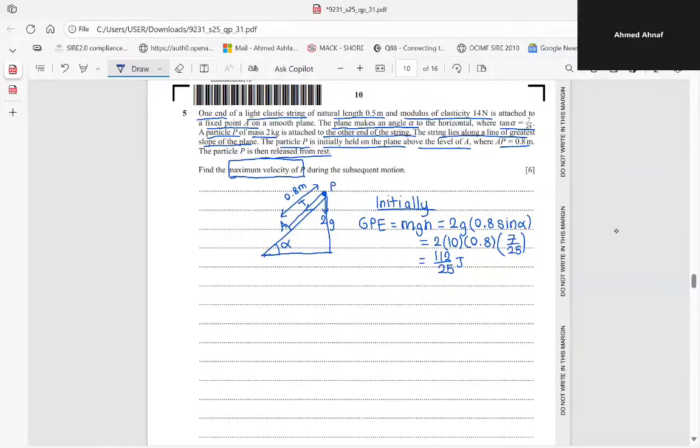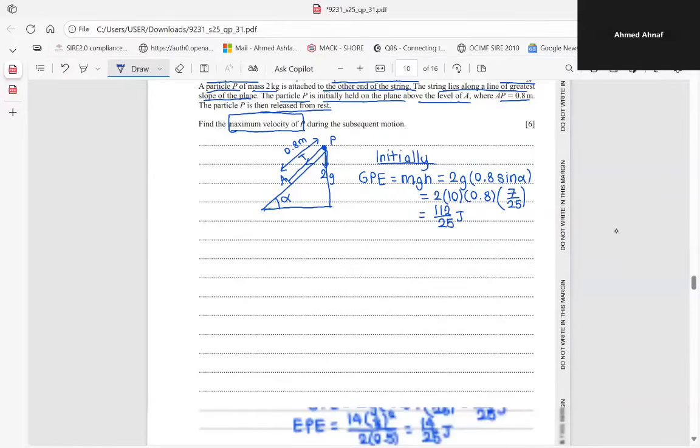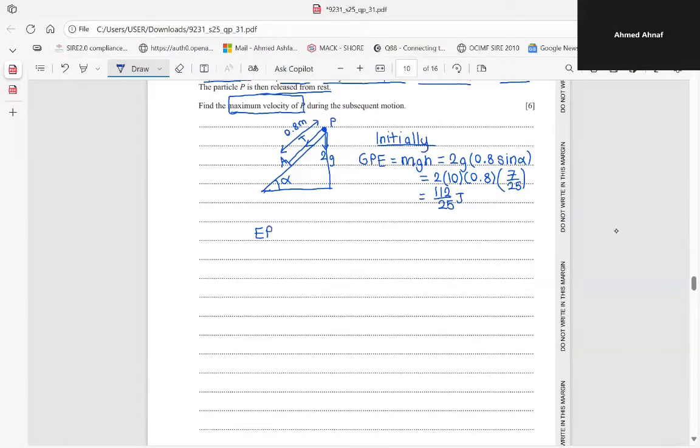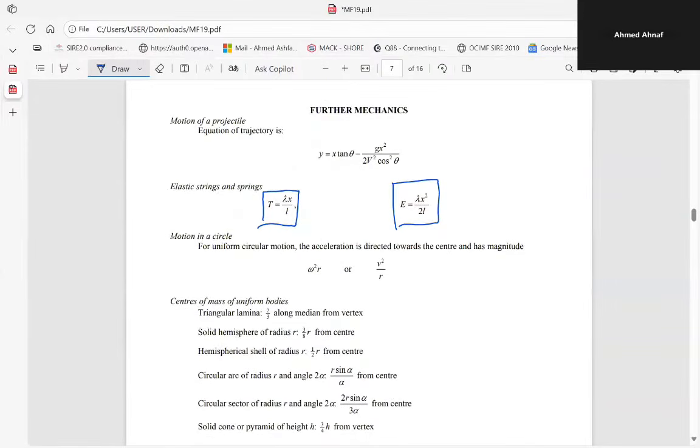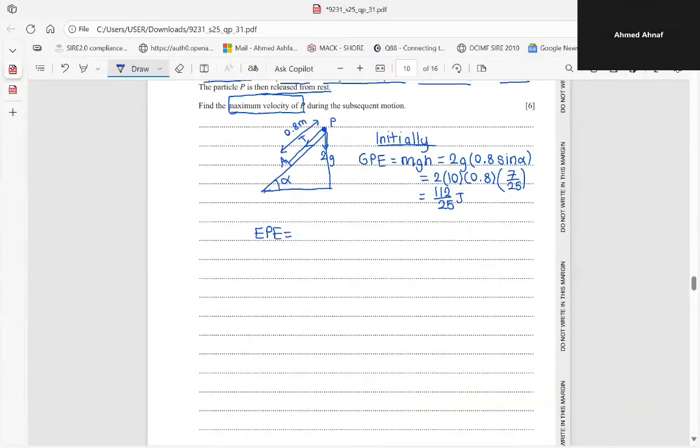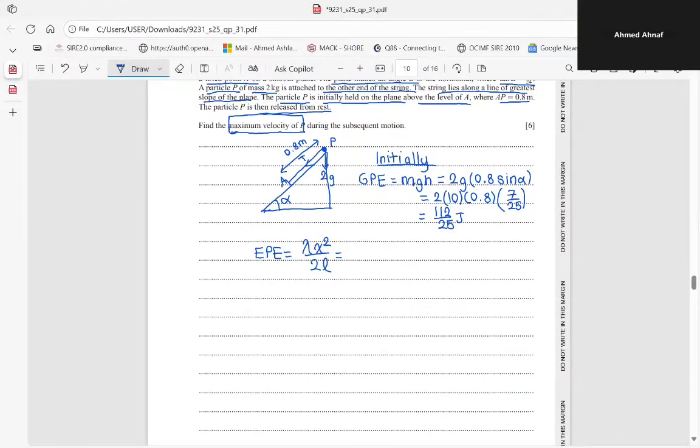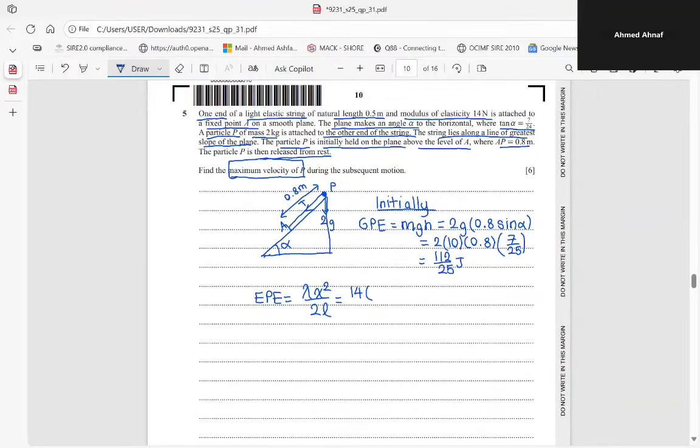Okay, and now we're going to find the elastic potential energy. To find this out, we'll use the formula given in our MF19, E equals lambda x squared over 2L. So let's write that down. Lambda is the modulus of elasticity, and x is the extension, so 0.8 minus 0.5, which is 0.3, squared over 2L, where L is the natural length.